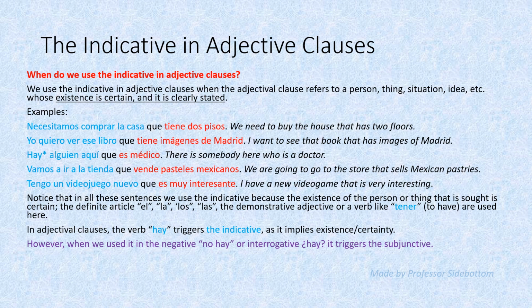In adjectival clauses, the verb hay triggers the indicative when the clause is affirmative, as it implies existence and certainty. However, when we use it in the negative or in the interrogative, no hay or hay in the interrogative, it triggers the subjunctive.